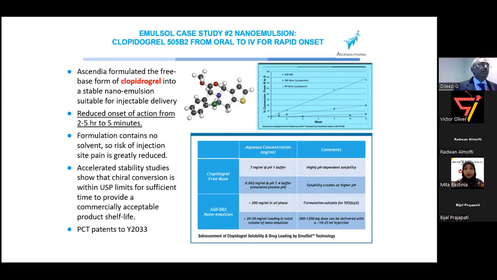So this is just one example. Again, this is showing the concentration and the conversion, right? So oftentimes, if you have a drug with polymorphs, right? If you remember, a well-known example is Norvir, from AbbVie or Abbott, when they launched this product in solution, right?